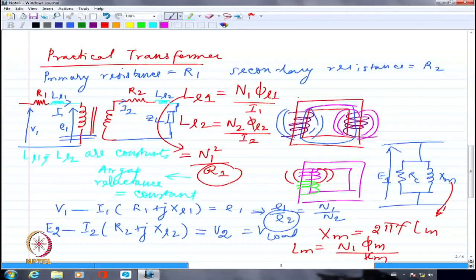That's what we said in the sinusoidal excitation when we were discussing, because the current is slightly lagging and we should be able to say that it will flow through essentially an inductance. So we are representing the magnetizing current flowing path by an inductance. This inductance we are calling the magnetizing inductance, Lm, and 2 pi f Lm is the magnetizing reactance, Xm.